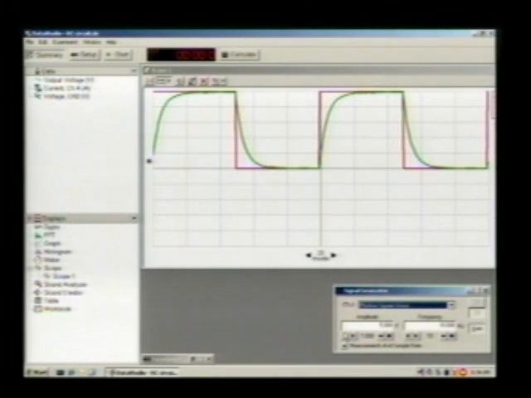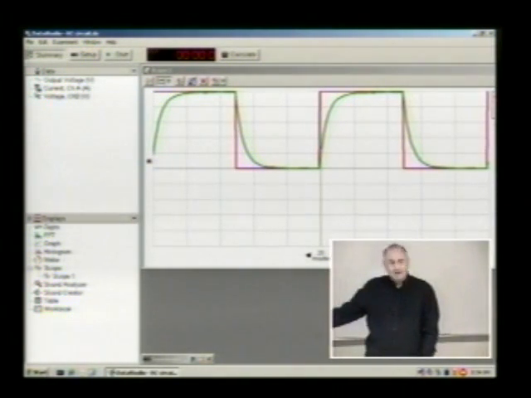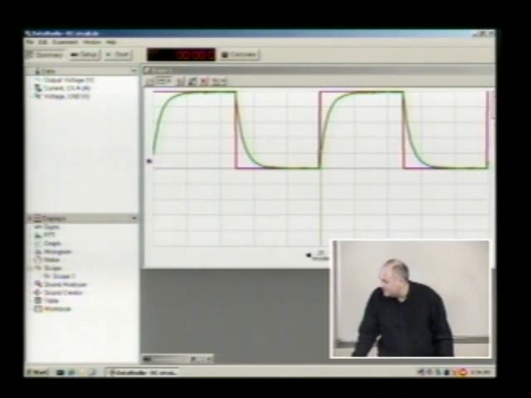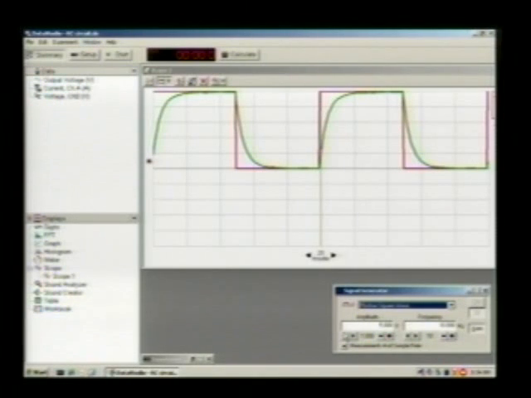So this section over here allows me to control the voltage. Right now, I ask the power supply to provide a positive square wave.